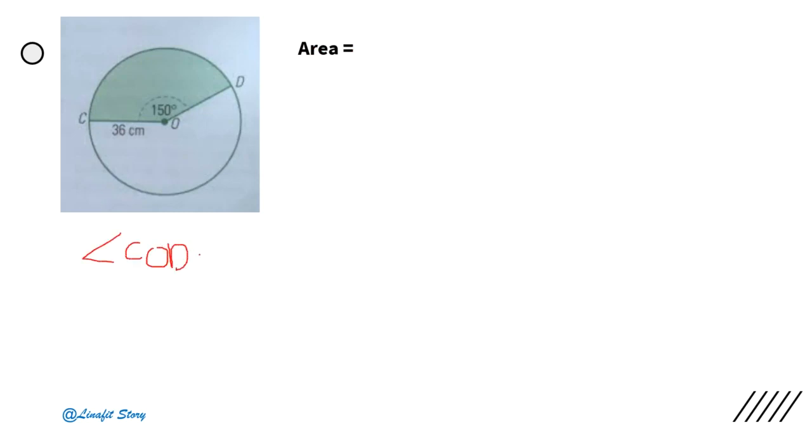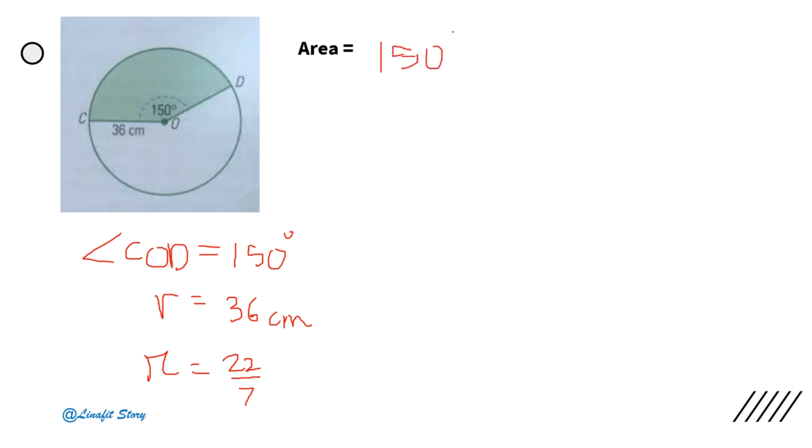angle COD is 150 degrees. If the radius of a circle is 36 cm and pi equals 22 out of 7, find the area of the sector. So this equals 150 degrees out of 360 degrees times pi times radius times radius.